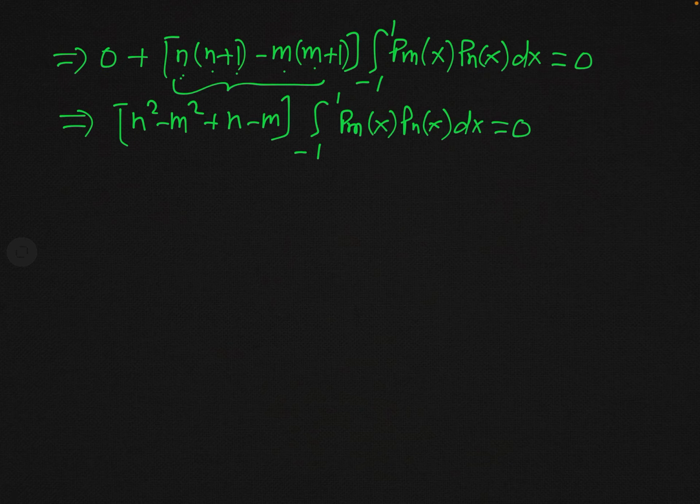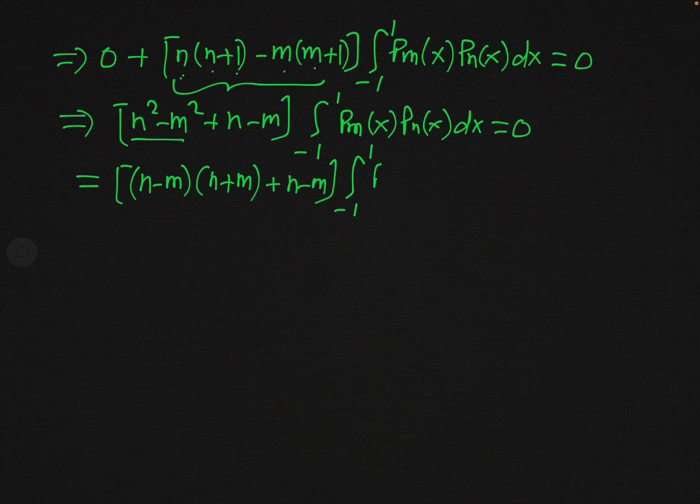Now you can see, in fact, this term n square minus m square, you can write it as n minus m into n plus m from the formula a square minus b square, and plus n minus m, and integral from minus 1 to plus 1 Pm of x times Pn of x dx, and this is equal to 0.